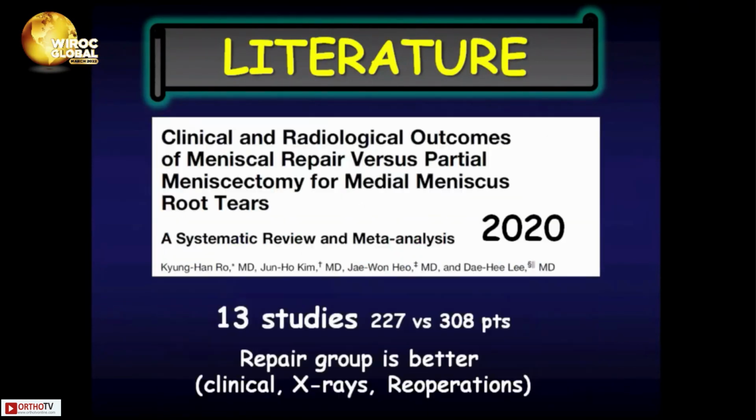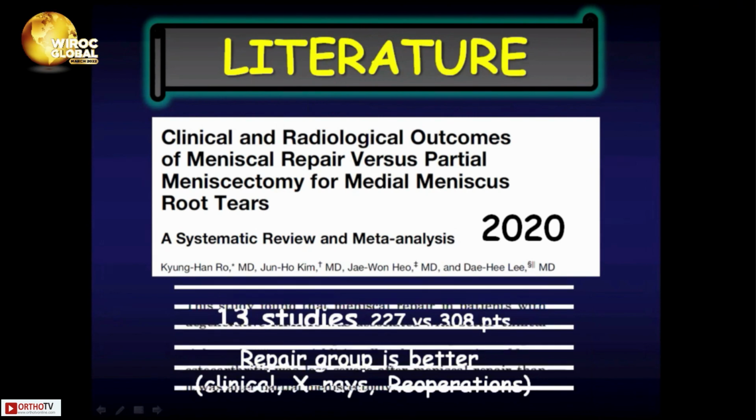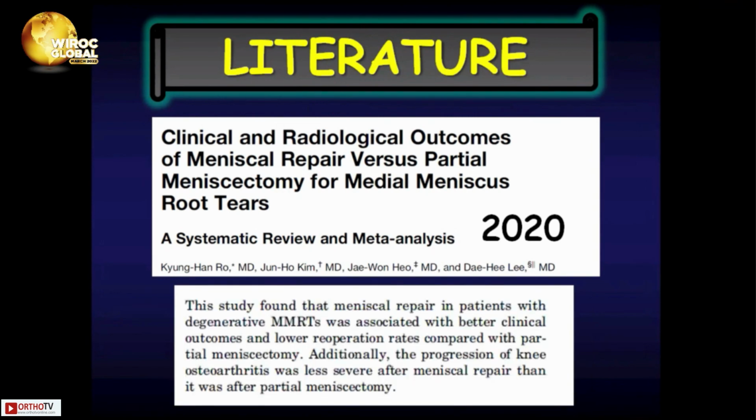And the second meta-analysis, more recent, with 13 studies and a comparison per group, found the same result, that they have a better clinical result, and the progression of knee arthritis was less severe after the repair than after partial meniscectomy.